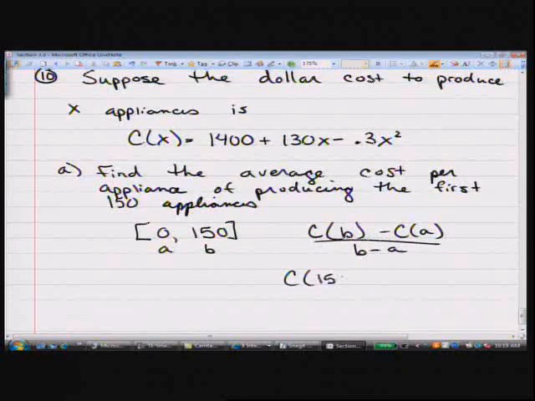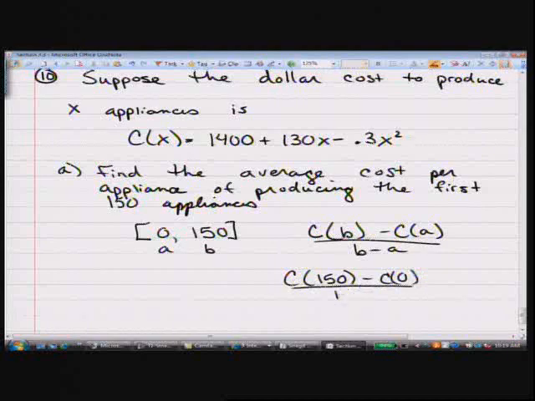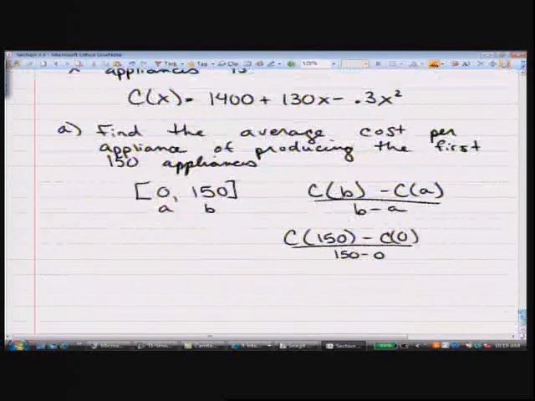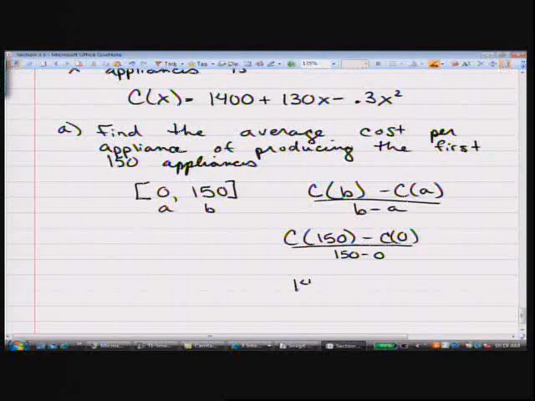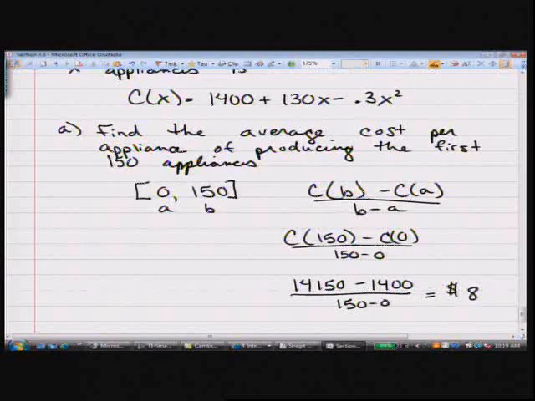So the cost of 150 minus the cost of 0 over 150 minus 0. If you type that into your calculator, you'll get the cost at 150 is 14,150, and the cost for 0, I guess there's some fixed costs, maybe to hire the people or something, is $1,400. So on average, it's $85 per appliance for the first 150 appliances.